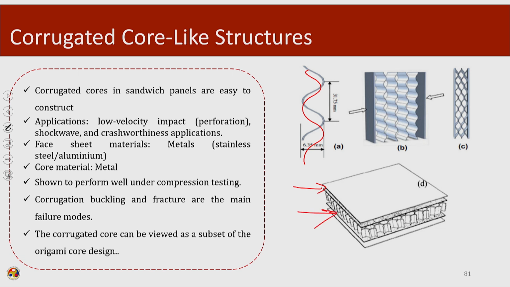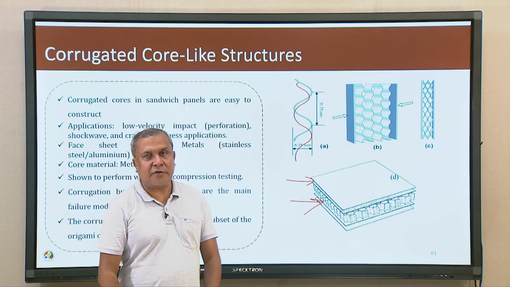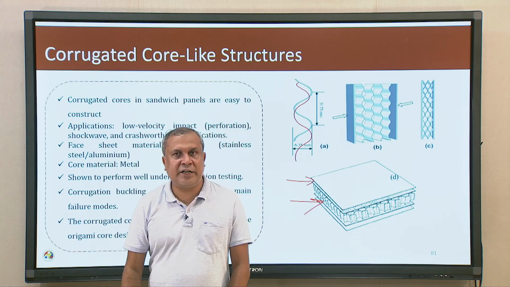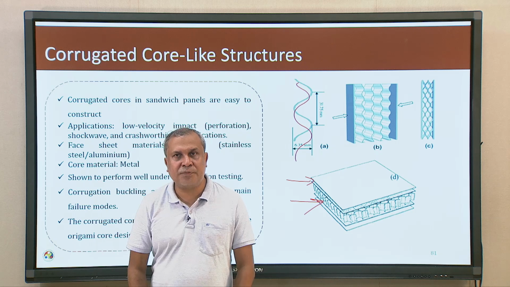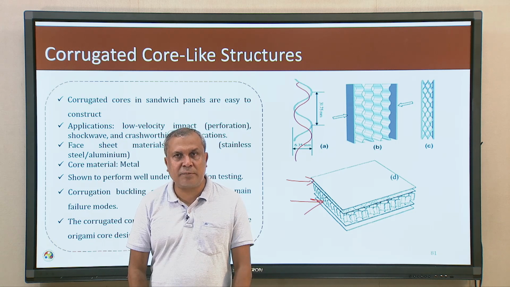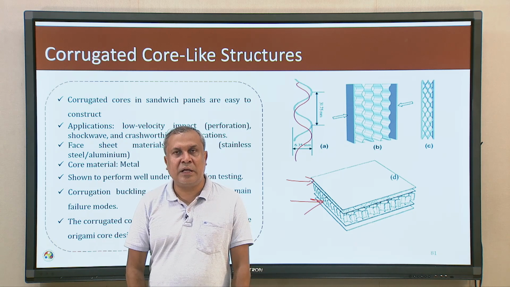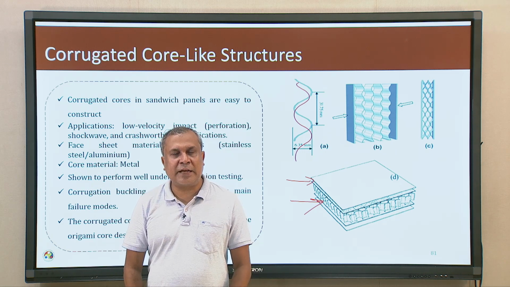Here we have looked into different types of energy absorbing materials. We have looked into the conventional energy absorbing materials, and then into the application of these conventional materials by combining them with hard face sheets.